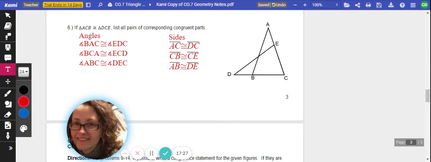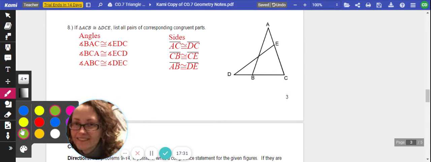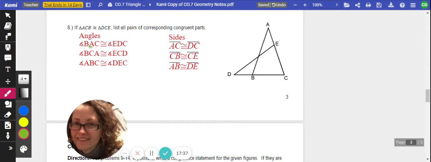All right, so all of my angles are listed and all of my sides are listed. What I want you guys to focus on, because yours might be in a little bit different order than mine, is the fact that your middle letters have to be the same.